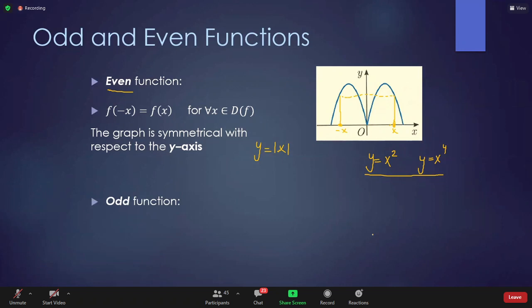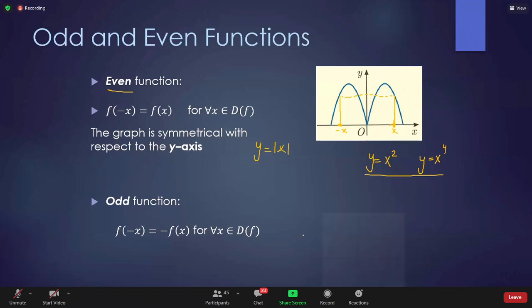So now probably you have an idea what's going on here. If the name even function comes from the even powered functions, then what happens with the odd powered functions? When we change the value of the independent variable, the argument x, the function value itself switches to the opposite, changes its value to the exact opposite.